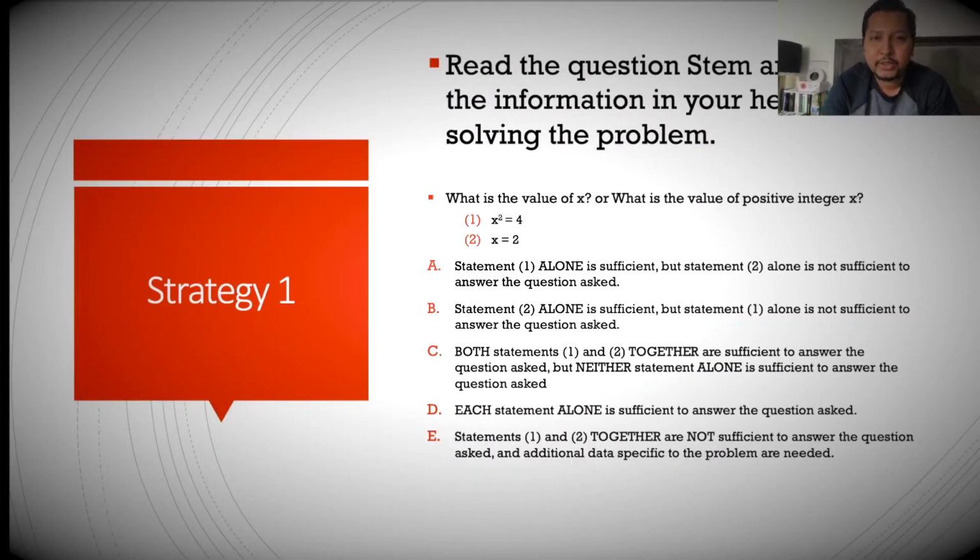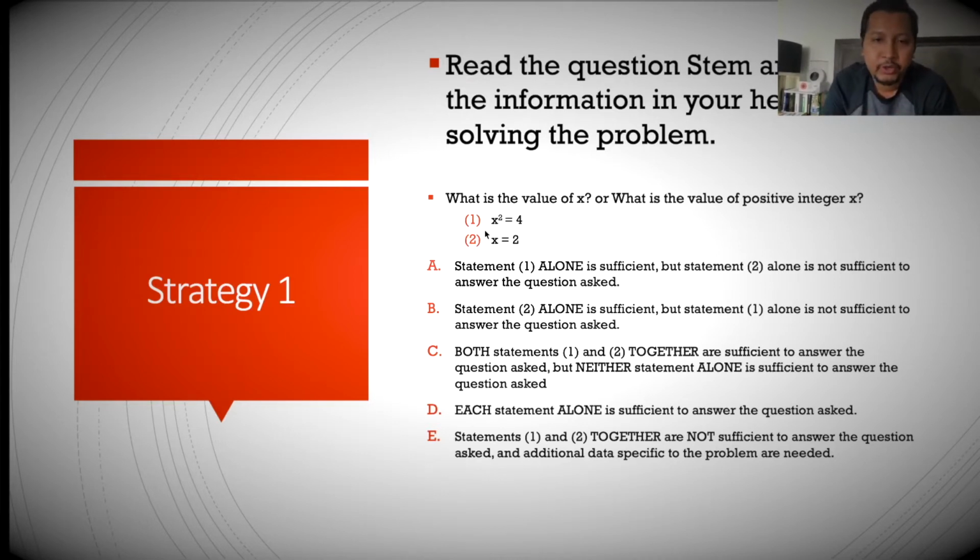So strategy number one: read the question stem carefully and keep the information in your head while solving the problem. The question stem gives you the question that you need to answer, but it can also give you valuable information sometimes. For example, if you see "what is the value of x," and statement 1 tells us x squared equals 4, that means x could be 2 or minus 2, right?